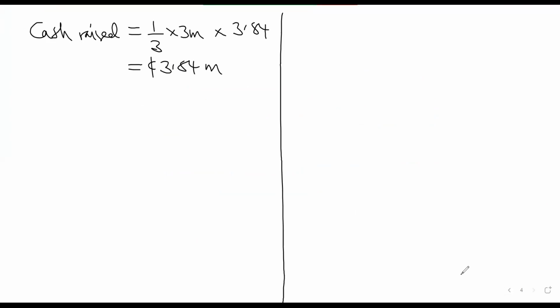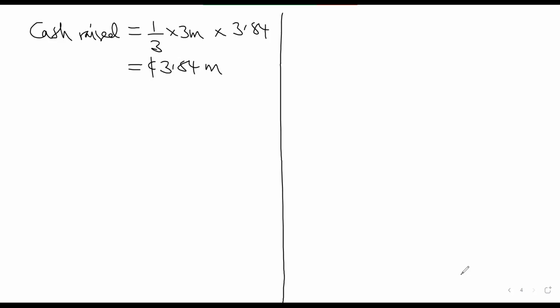Someone will be wondering why the issue cost is not subtracted. The issue cost is not subtracted because for the cash raised, we are going to take the issue cost from it before we give the remaining amount to those people.